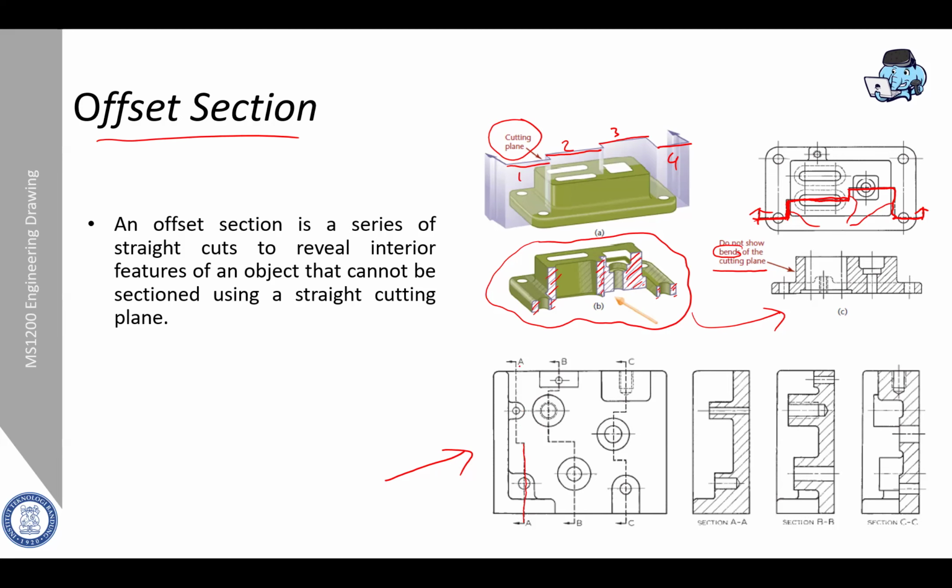For AA, it has two cutting lines. For BB, it has 1, 2, 3. For CC, it also has 3 cutting lines, with different positions of the cutting lines. So we call it an offset section.